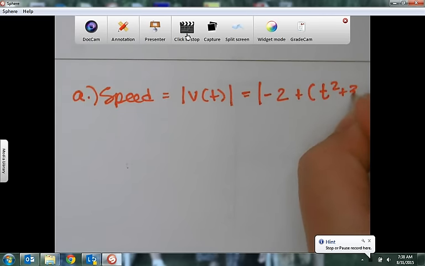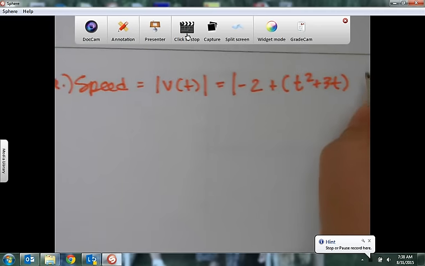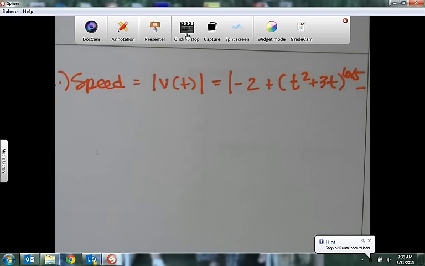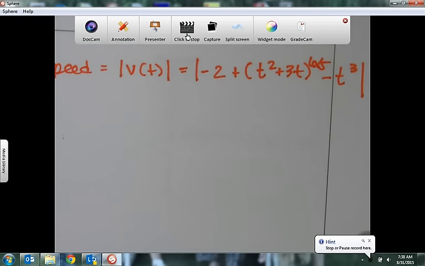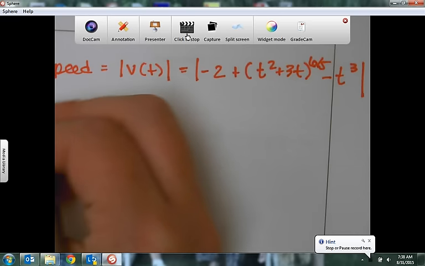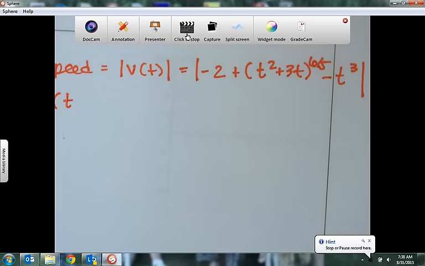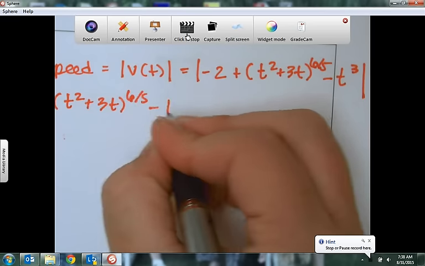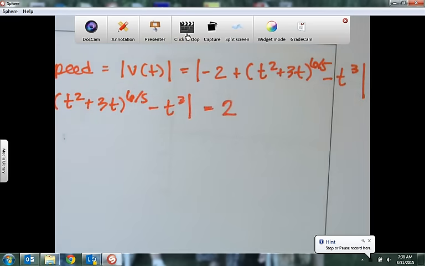Don't say positive 2 or anything like that. Put absolute value bars around the entire function. And we want to know, where does that equal 2? That's the question.